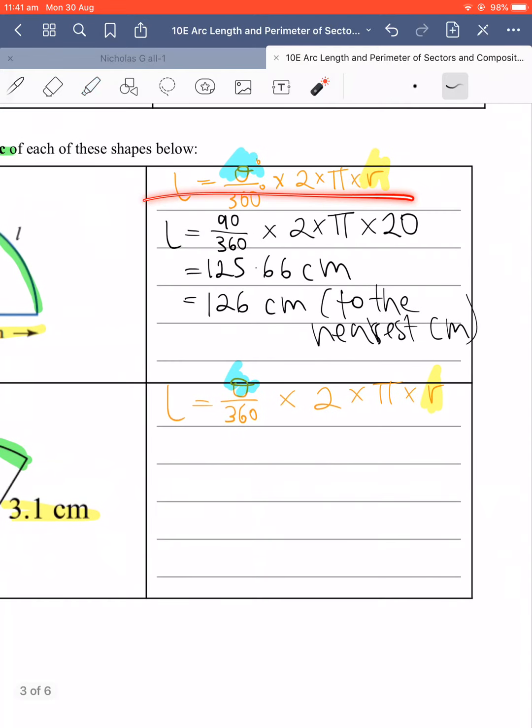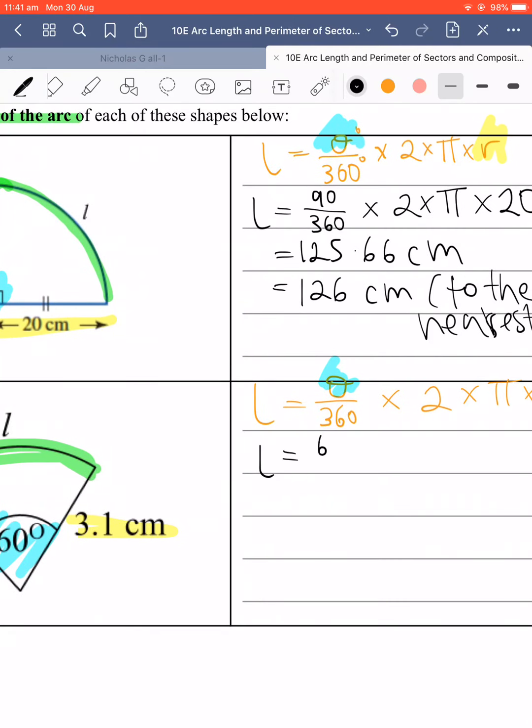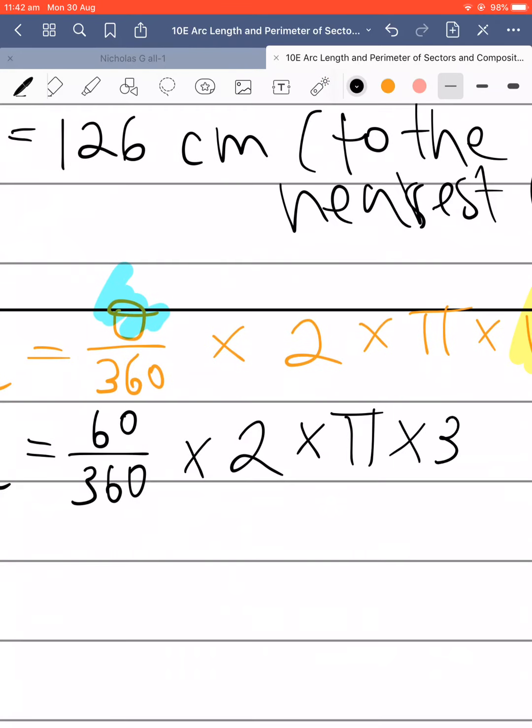Let's now do exactly as we did up here. We substitute it in and then go from there. So 60 divided by 360, multiplied by 2, multiplied by pi, multiplied by our radius, which was 3.1 centimeters. Again, make sure when you're putting this into the calculator, you put brackets around these and then you can multiply as normal.